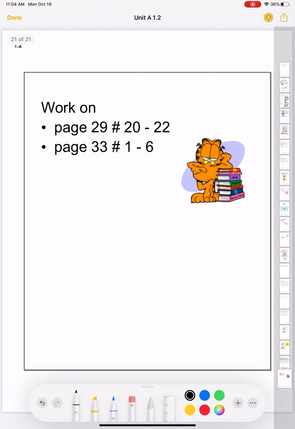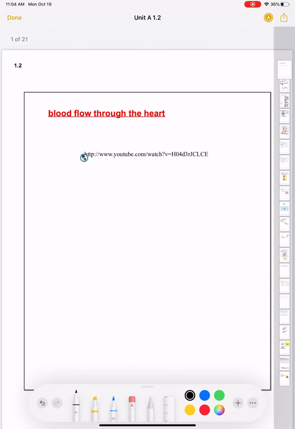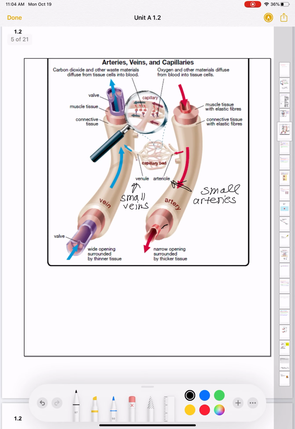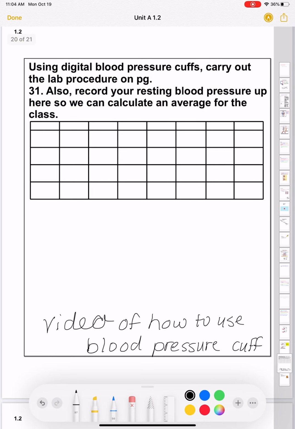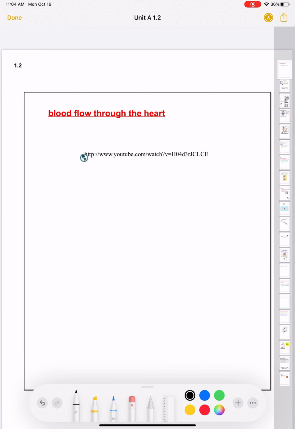And then there are some questions that go along with that section. So this is 1.2 for you. You'll see the two videos. The one video of the blood going through the heart is already on the Google Classroom. I think there was another video I was going to show you. Yes, varicose veins. So I'll put a video of that on Classroom as well. You'll see the video of the varicose veins and the video of how to use a blood pressure cuff along with this video on this lesson.